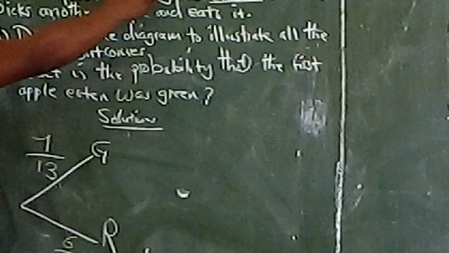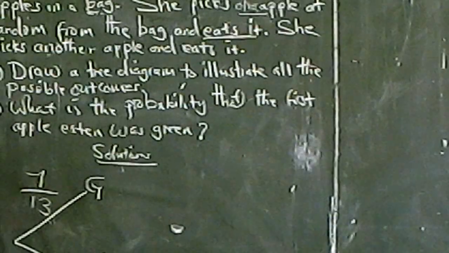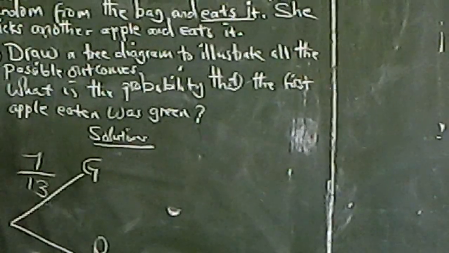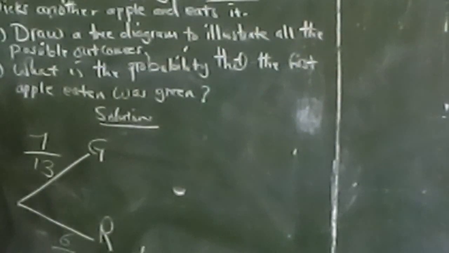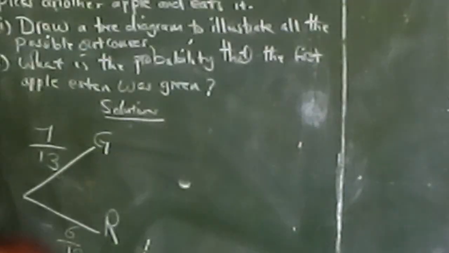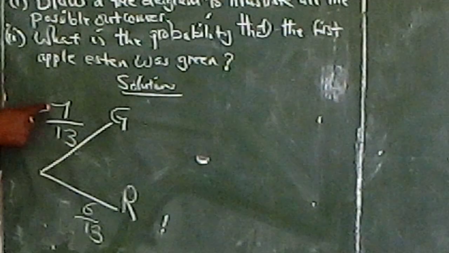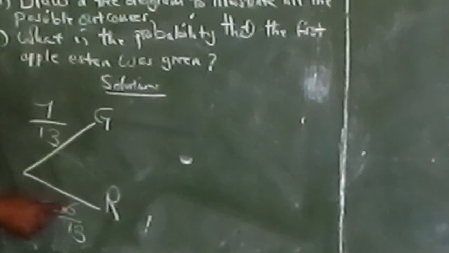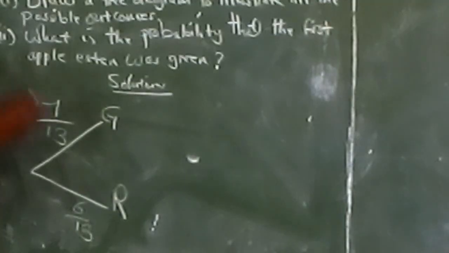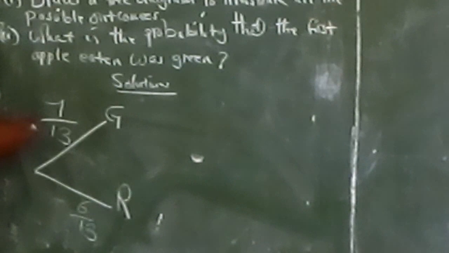This was the first apple that was eaten. Now, in the second attempt, observe this particular bag: originally we had 7 green apples and 6 red apples. Take note. Suppose one apple is picked from the bag and eaten.